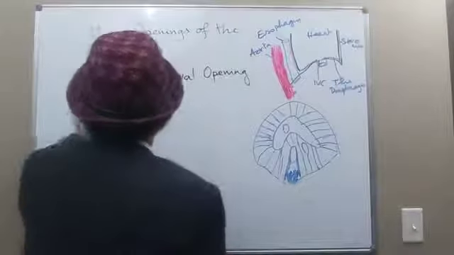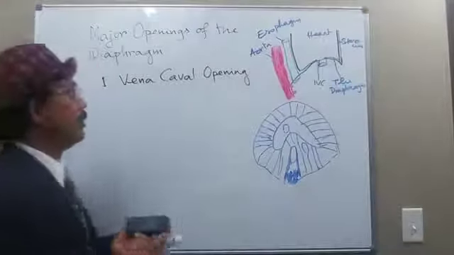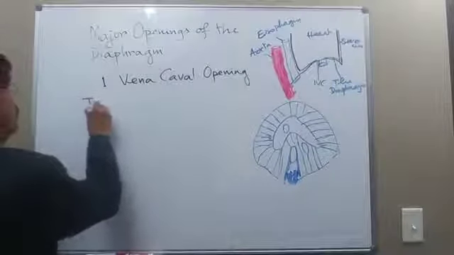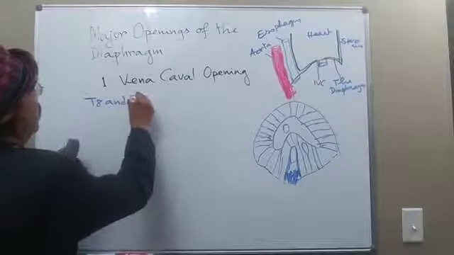First of all, vena caval opening. What is the vertebral level? The vertebral level is between T8 and T9.